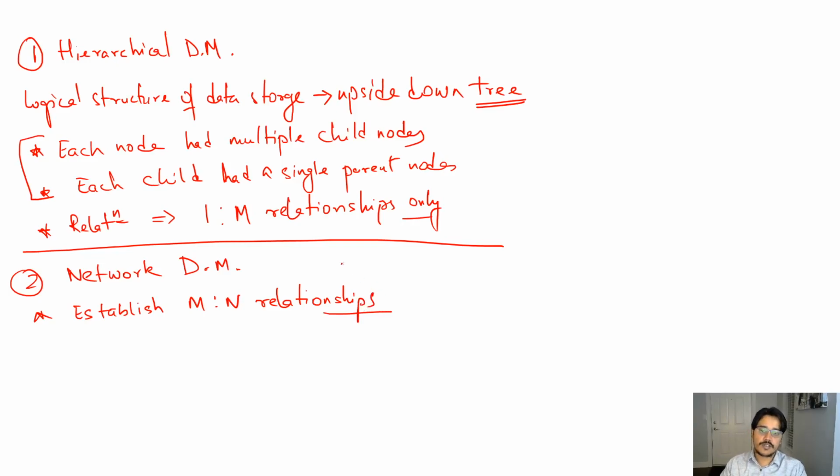So that means this restriction that the hierarchical data model had, that it could only implement 1:m relationships, was first of all addressed by the network data model. So a given child node could have multiple parent nodes as well. That was a very important stride going from the hierarchical data model to the network data model.